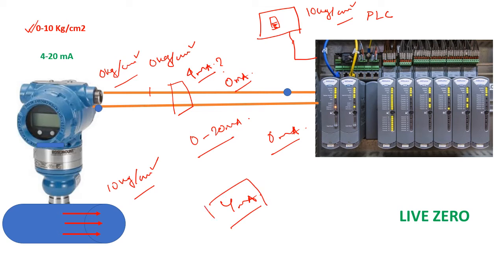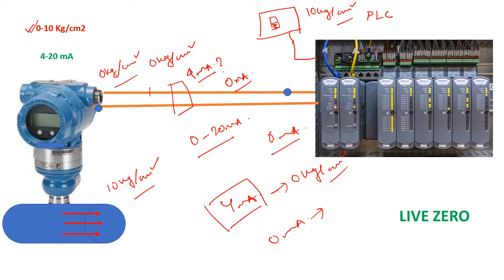So 4 milliamps signifies that the process variable is 0. And if you get a 0 milliampere signal, you will infer that there is either some wire breakage or a malfunction in the transmitter.